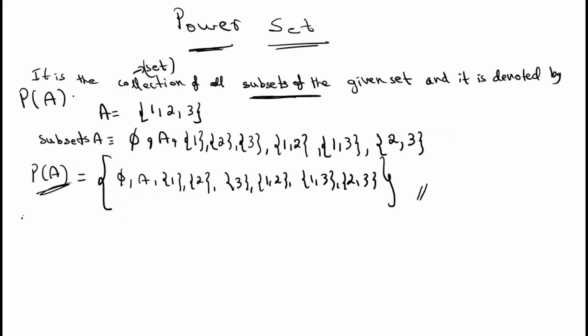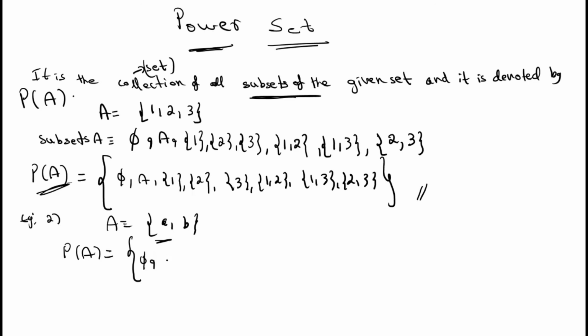Now the second example. Take set A equal to {a, b}, two elements a, b. Then write P of A. What do you have to do? First, the set notation, the set of all subsets. The first subset is the empty set.